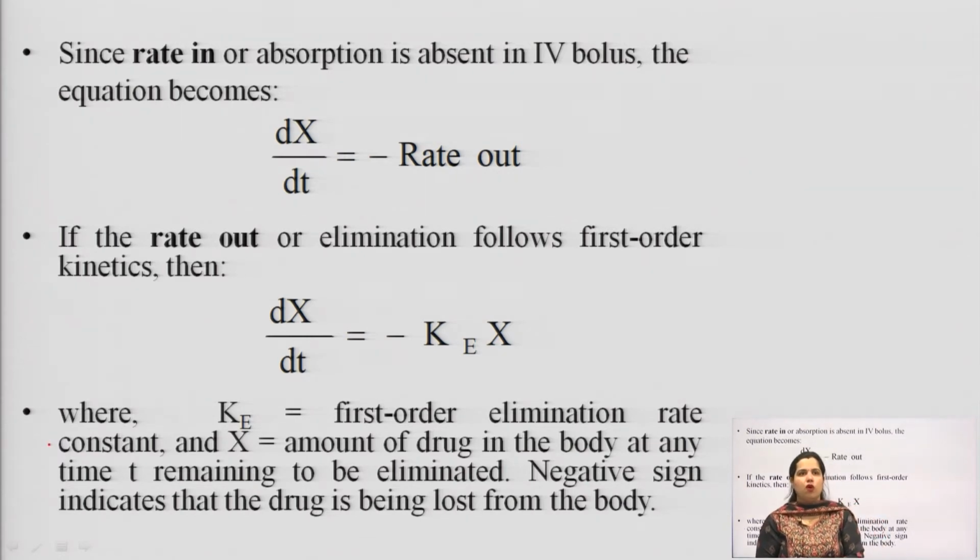So, the equation becomes dx by dt equals minus rate out. If the rate out or elimination follows first order kinetics, as we say in the compartment model, a model dependent approach, the kinetics can be identified using first order kinetics. So, dx by dt will become minus kE x, where kE is the first order elimination rate constant and x is the amount of drug in the body at time t remaining to be eliminated.